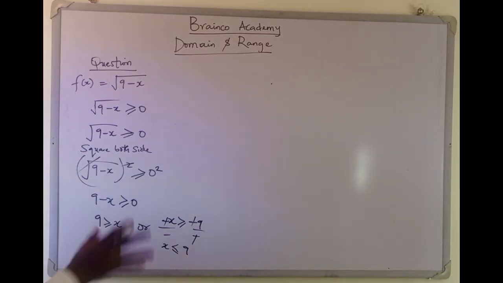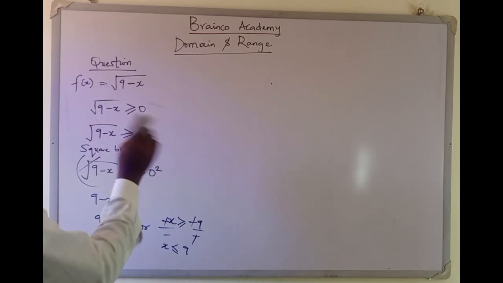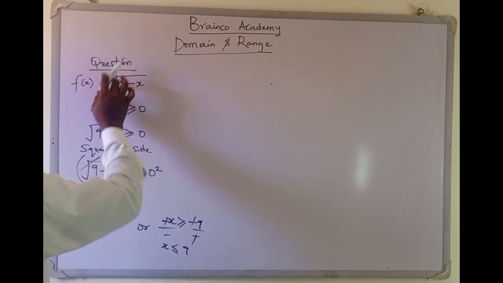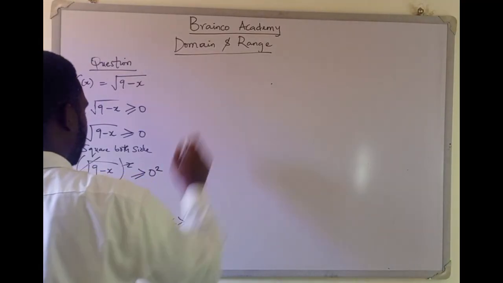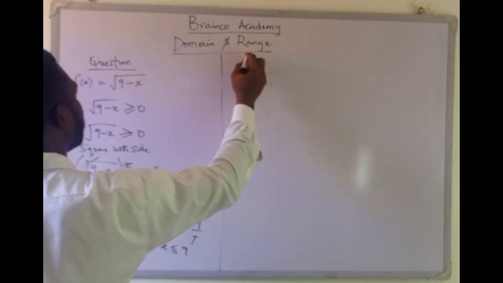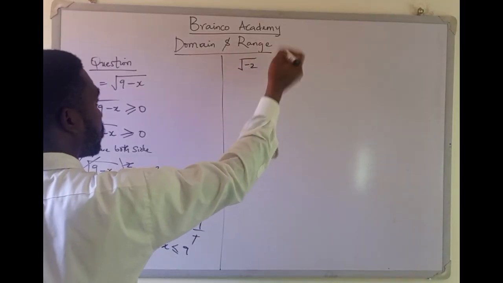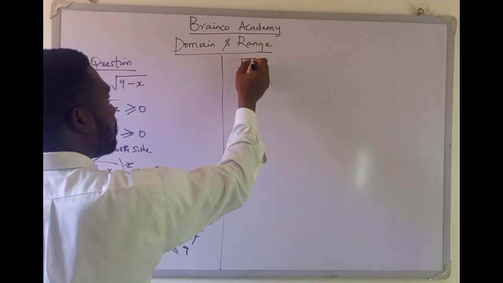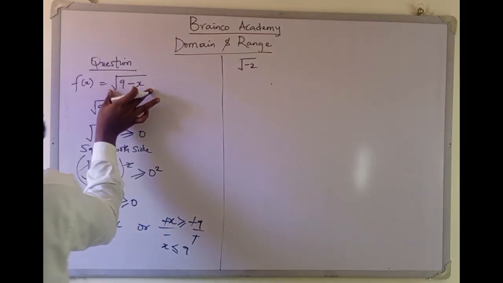What this actually means is that when we put 9 into this function, the output gives us 0, but this function cannot give us a negative number. If the value under the root is a minus value, say minus 2 or minus 3 or any negative number, it's going to give you a complex number or a math error, which means the function is not defined.